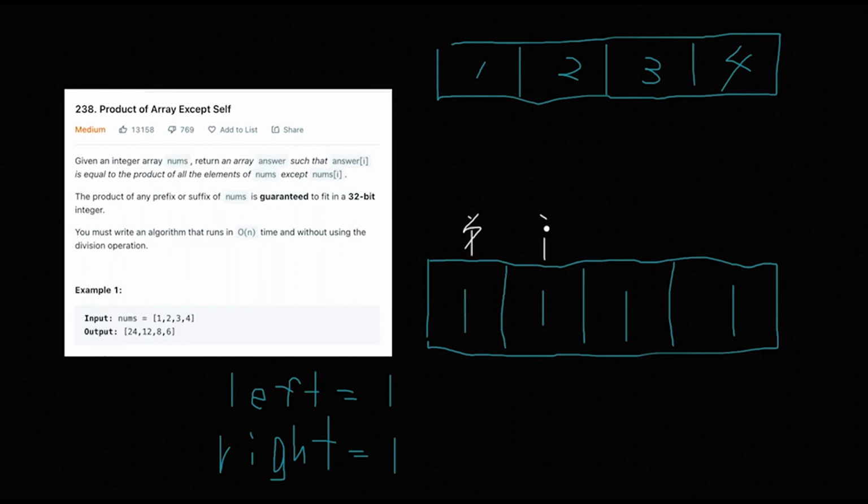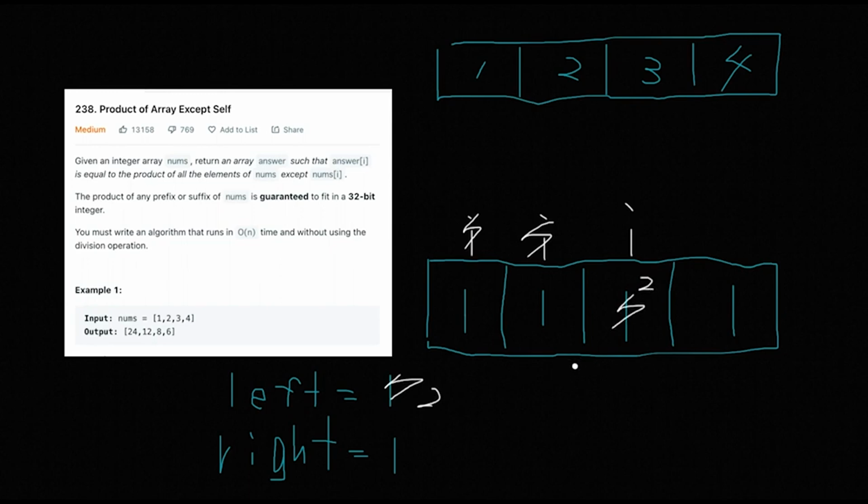And then before moving to the next index, multiply the current number to left, which is 2. And then move to the next index. First of all, multiply the left number to the current number, which is 2.